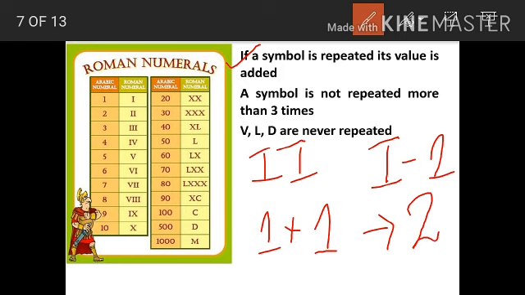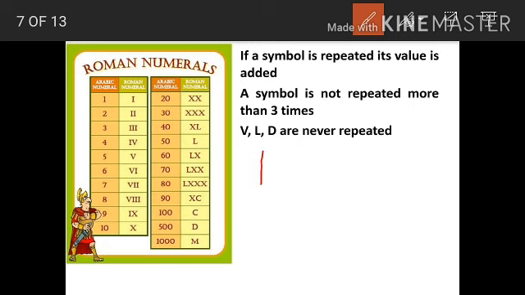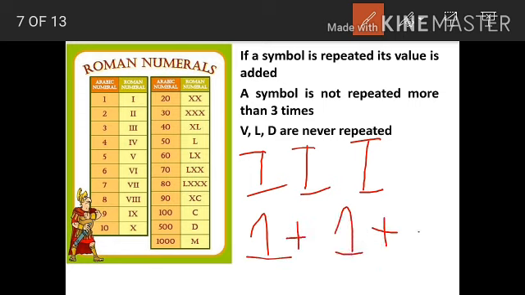II means 2. Now, what about III? How many times is this I repeated? 3 times. So, it will be 1 plus 1 plus 1, which is equal to 3. So, III means 3.